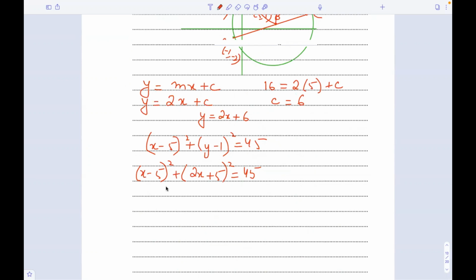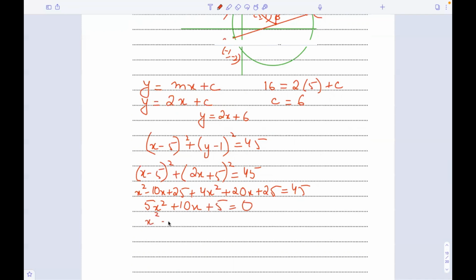Now expanding this equation, we get x squared minus 10x plus 25 plus 4x squared plus 20x plus 25 equals 45. Simplifying, we get 5x squared plus 10x, since minus 10x plus 20x is plus 10x, and 25 plus 25 is 50, 50 minus 45 is plus 5, equals 0.